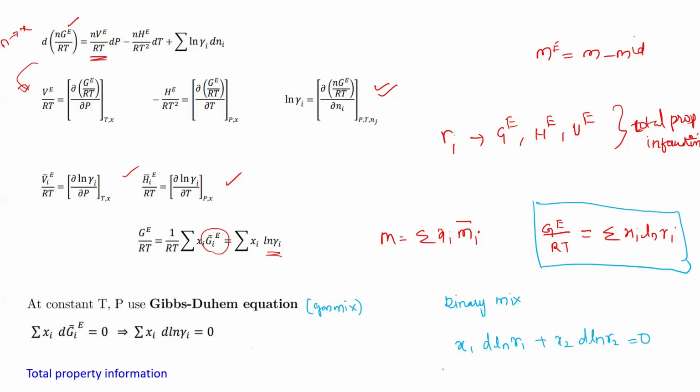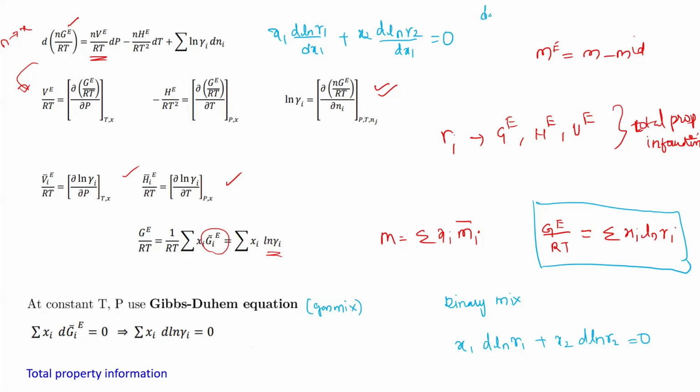I can write this as x1 d ln gamma 1 by dx1 plus x2 d ln gamma 2 by dx1 equals 0.